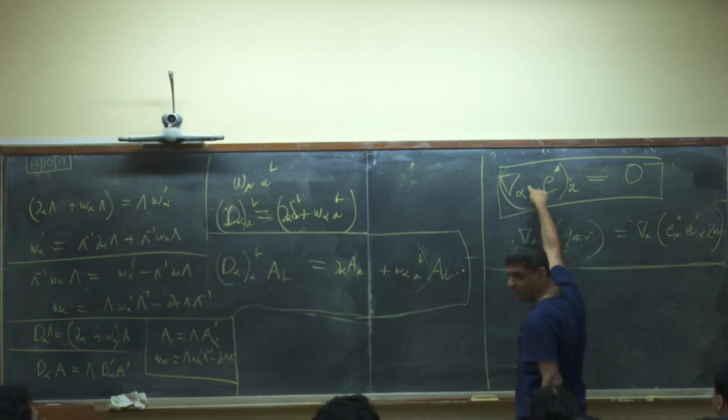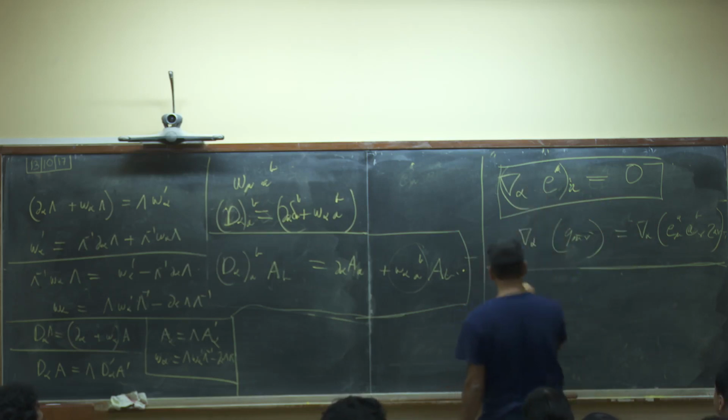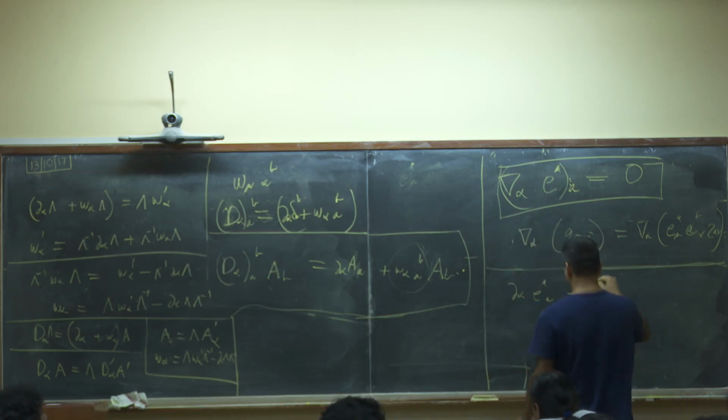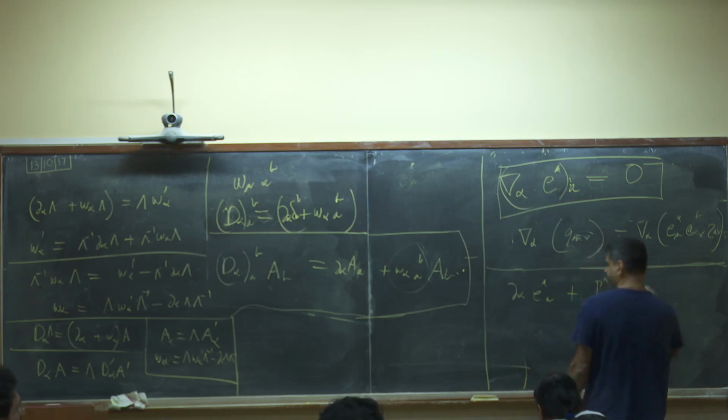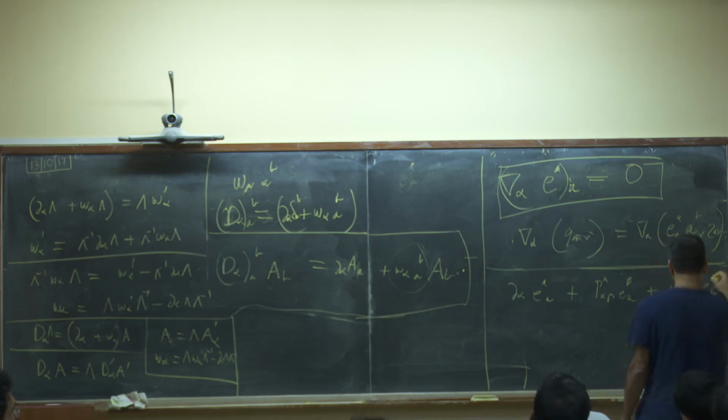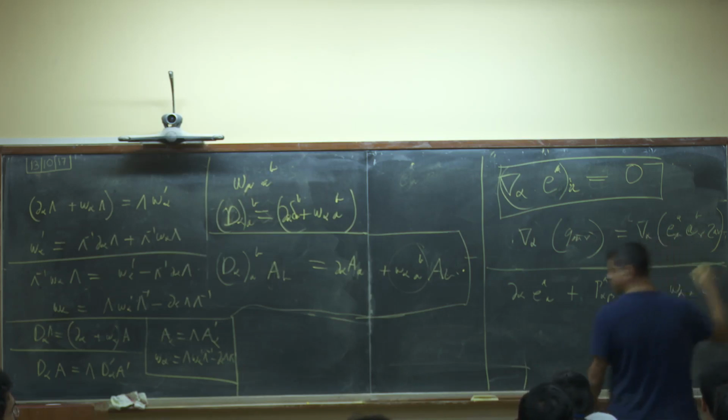Let me write it out with all indices. This object is del_α E^A_μ plus Γ^β_{μα} E^A_β plus ω_α^{AB} E_{Bμ} equal to 0.